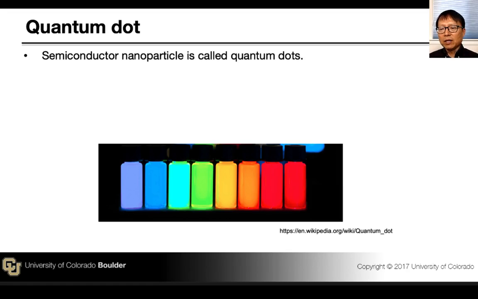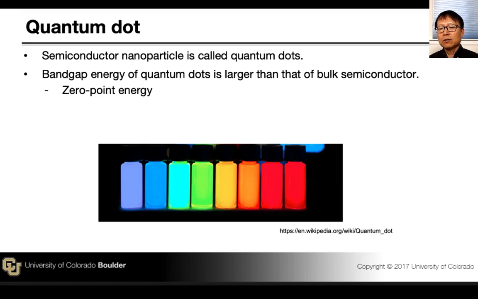A well-known example of this potential well problem can be found in semiconductor nanoparticles, often called quantum dots. And in quantum dots, first of all, the band gap energy is generally larger than the bulk semiconductor, and the band gap energy depends on the size of the quantum dot.